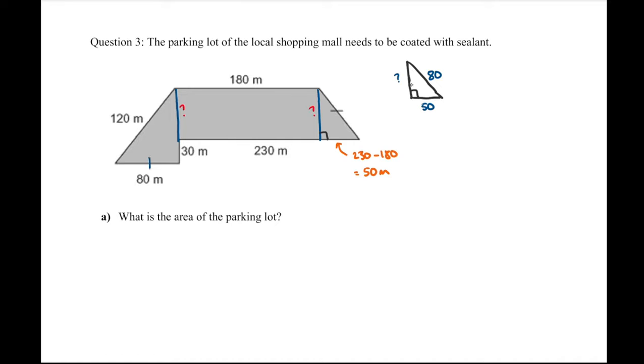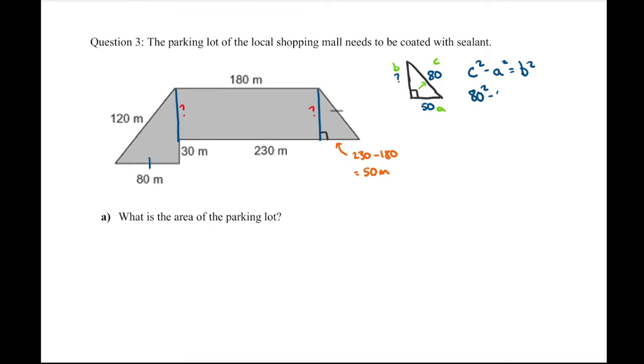Because I'm looking for a side or a leg that is not the largest side, I should be using c squared minus a squared equals b squared. Again, c is the hypotenuse, which is across from the 90-degree angle. A and b represent the 2 legs, and it doesn't really matter which one's which. They're interchangeable.